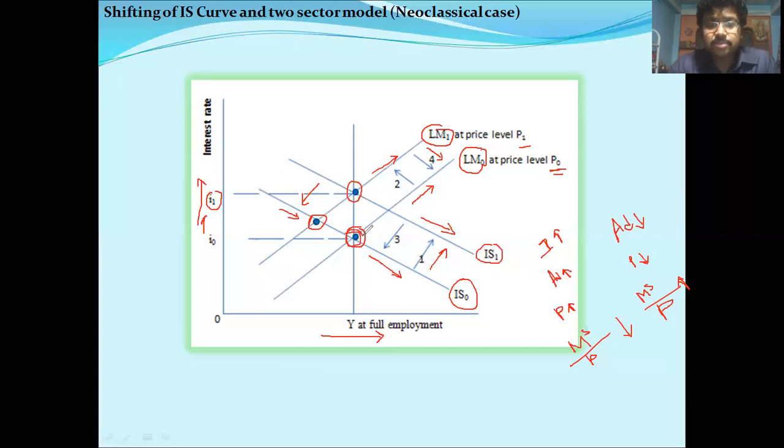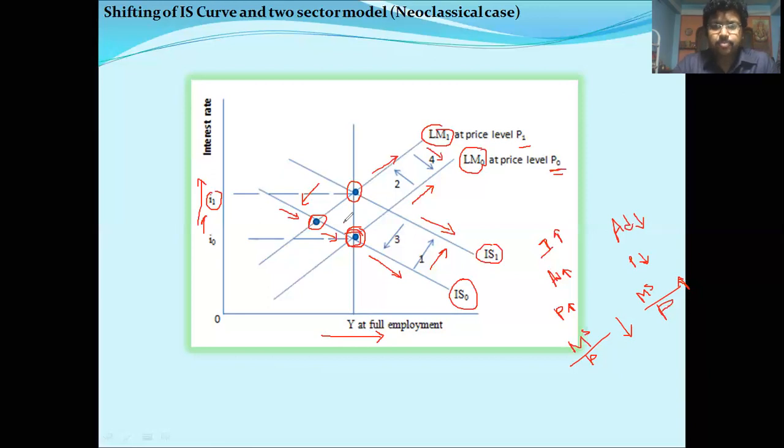Here is the difference between the Keynesian concept and the neoclassical concept. In the neoclassical concept, there is a flexible price level, but price is rigid in the Keynesian case. So from this point to this point, we can go through changing the price level as far as the neoclassical model is concerned.